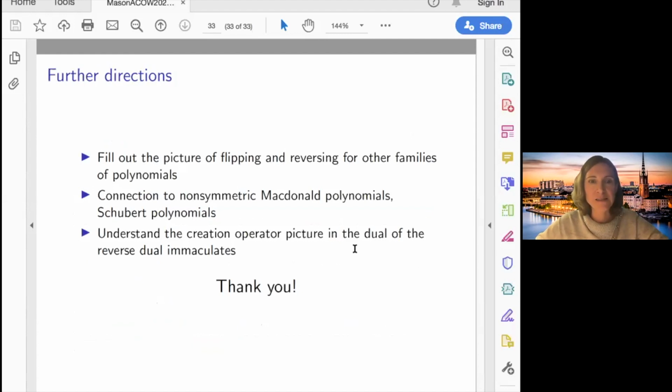And then, as someone mentioned, the inner product, but we'd really like to understand the creation operators in the dual immaculates, because since we have a reverse dual immaculate in QSym, it has a dual in NSym. And we'd like to understand, can you write down creation operators to construct it, and what does that mean? And so those are some directions that we'll go moving forward.